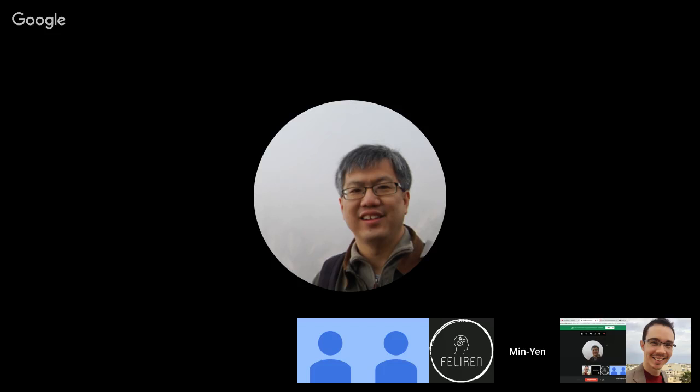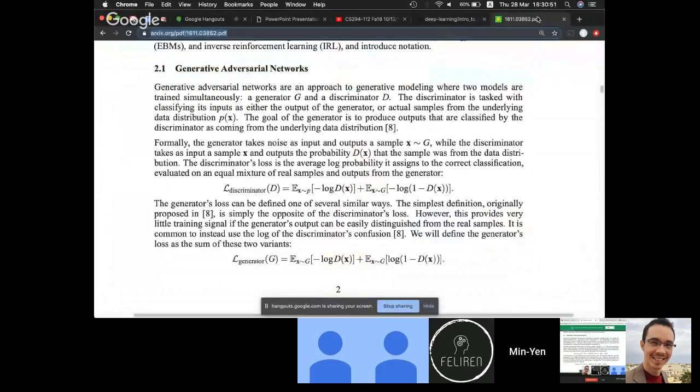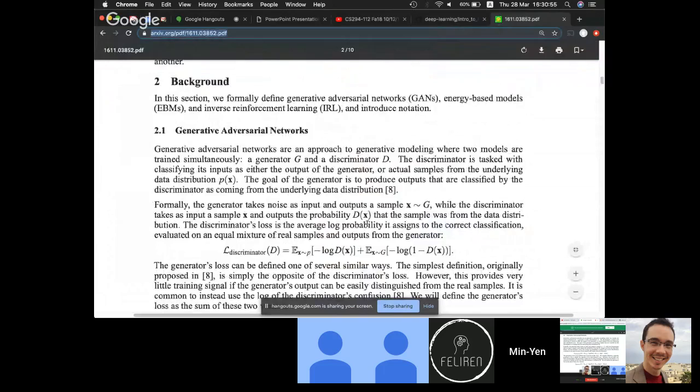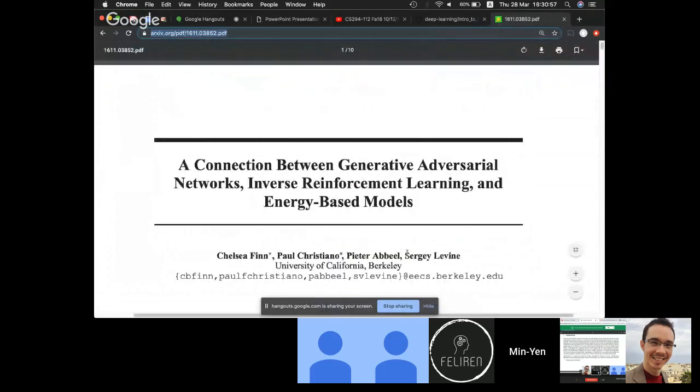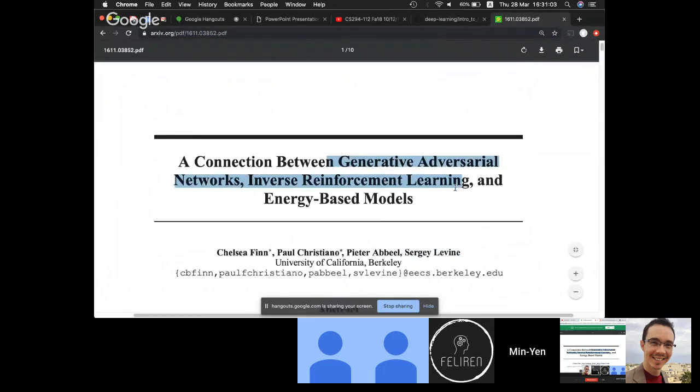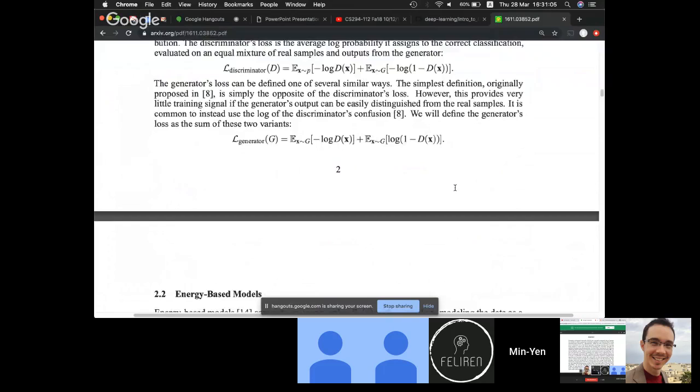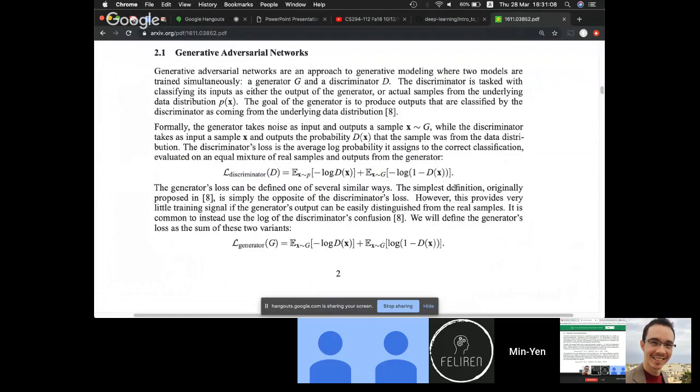This is the paper that was mentioned on Slack. This is actually Levine's paper that makes the connection between GANs and IRL. If we go down to page 2, he explains this correctly.